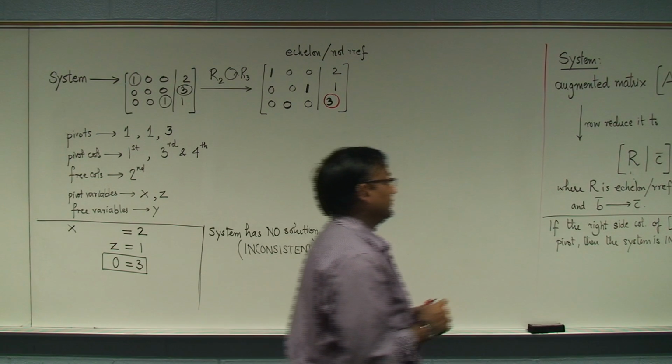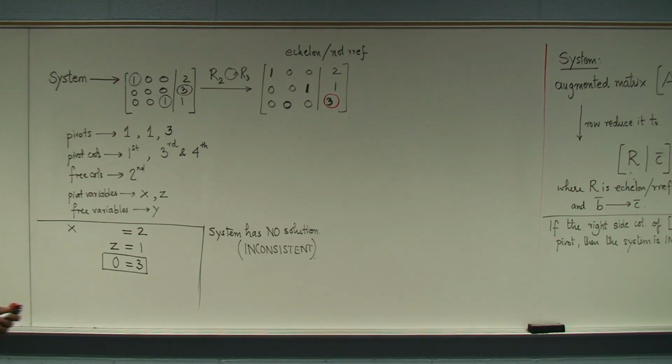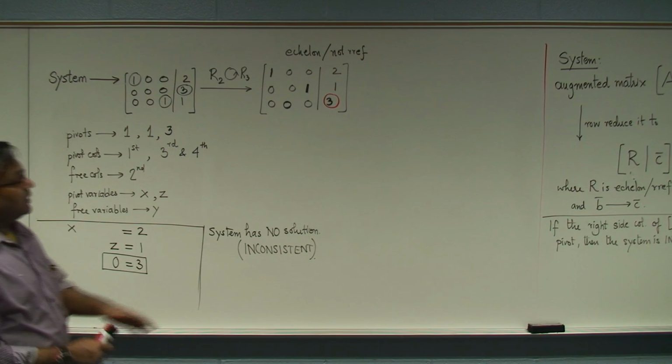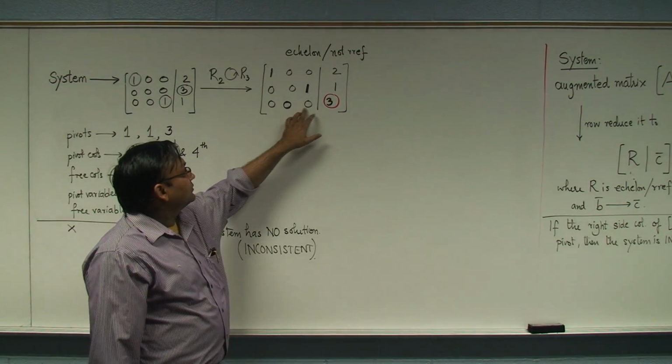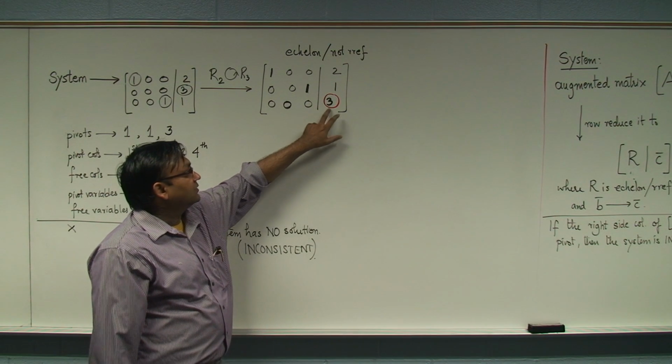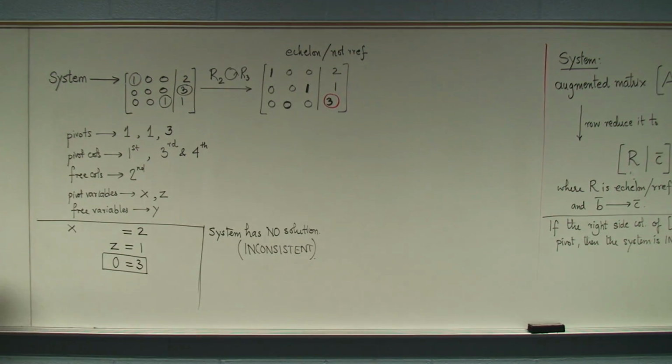If the right-hand side column of the reduced augmented matrix has a pivot, then the system is inconsistent. Notice that it really doesn't matter what kind of columns I have, as long as this column has a pivot in it, it will always tell me that the system is inconsistent.